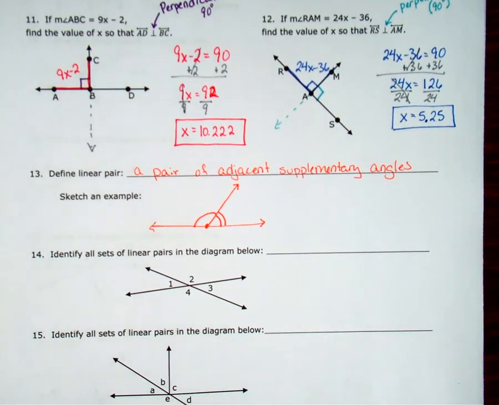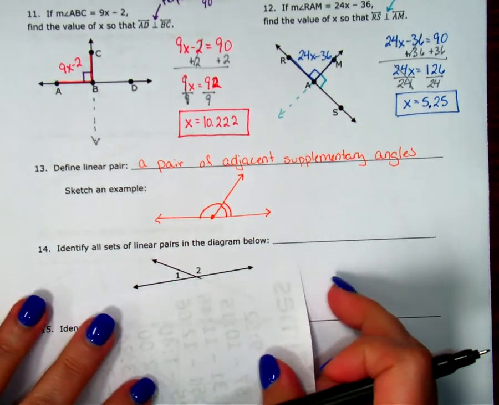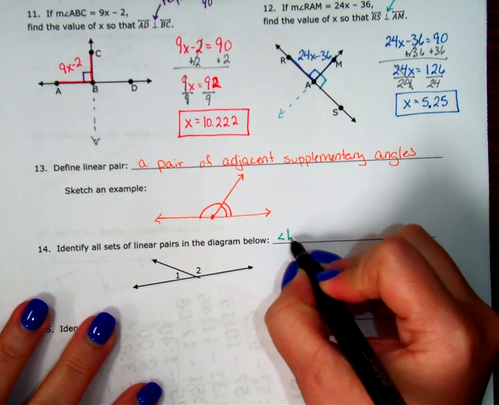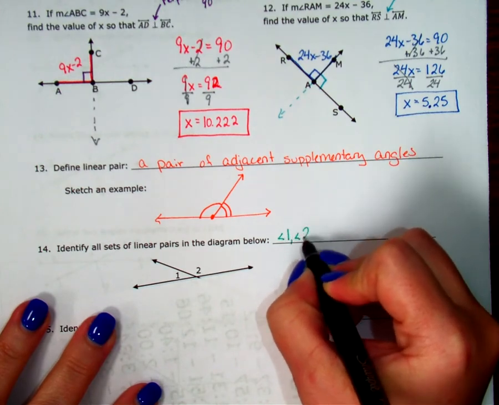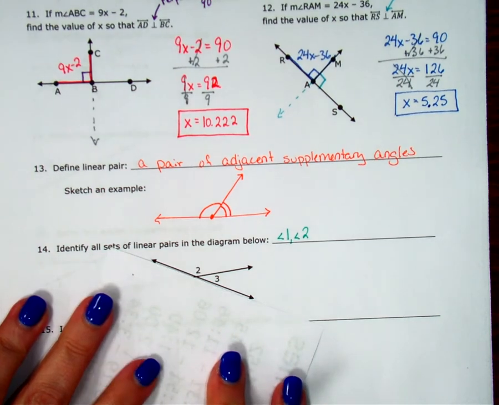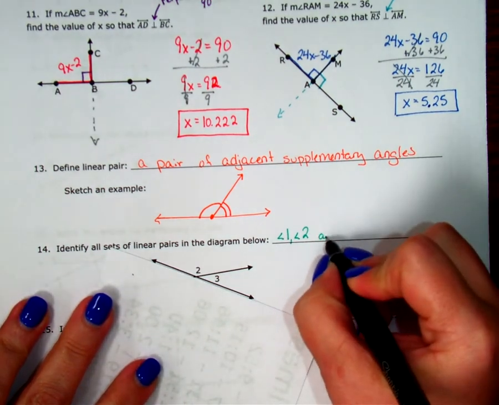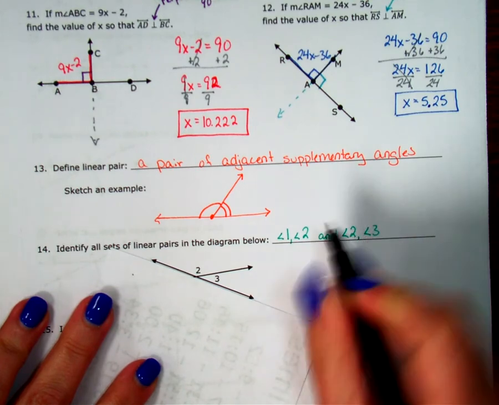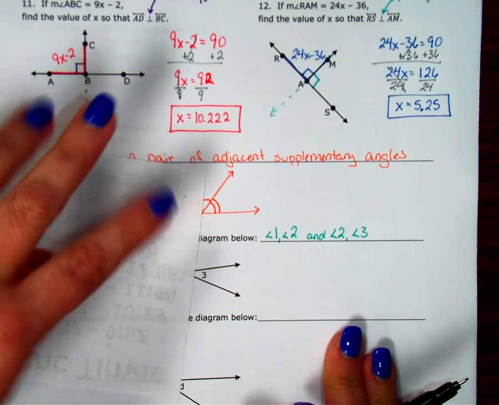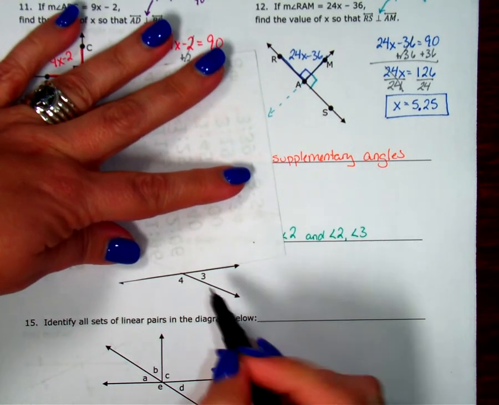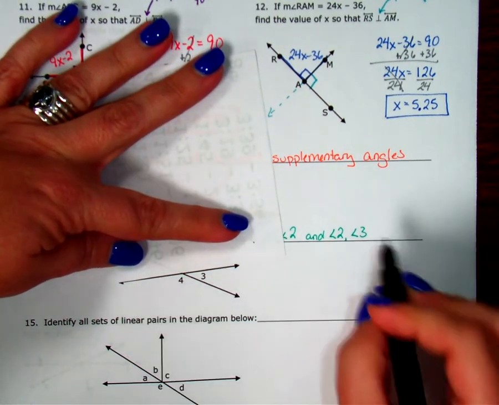So when I look at this, I've got angles 1 and angle 2. Make a line. But I could also say angle 2 and angle 3. But I could also say angle 3 and angle 4, make a line.